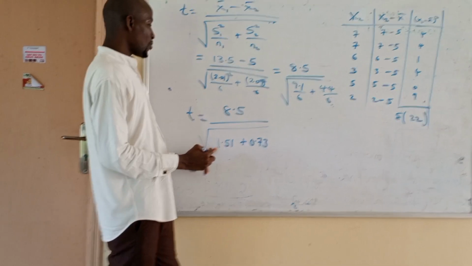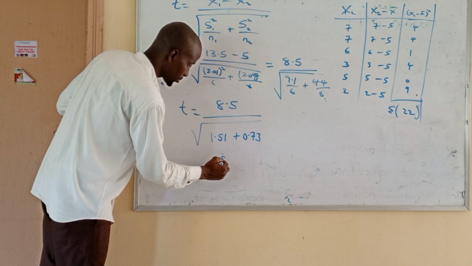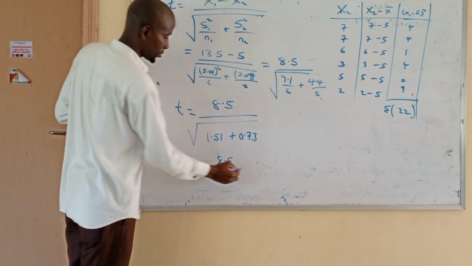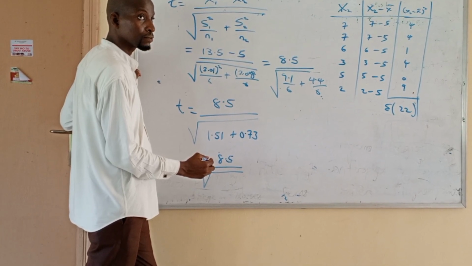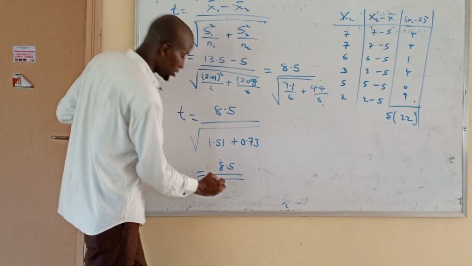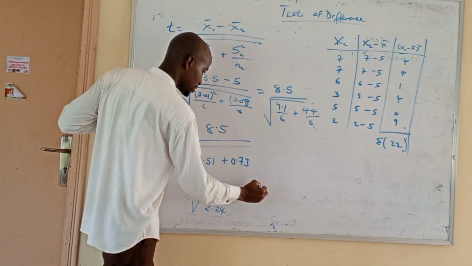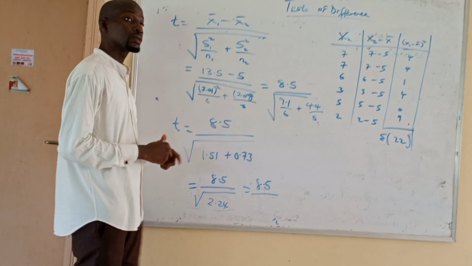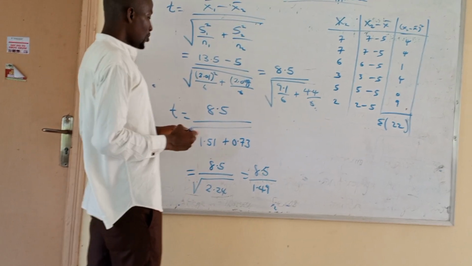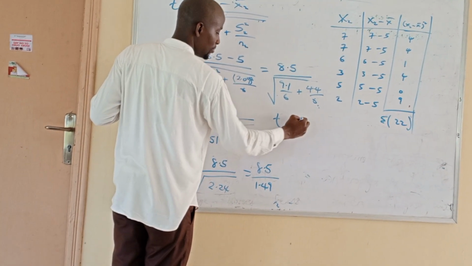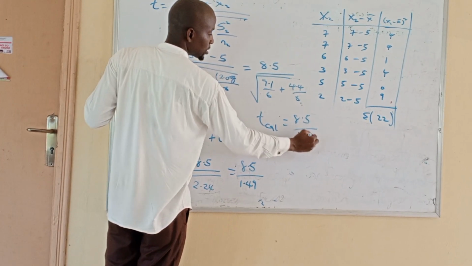Now let us sum it together. 1.51 plus 0.73 is 2.24. The square root of 2.24 will now be what? 1.49. Our t calculated will now be 8.5 divided by 1.49. And that will give us what?